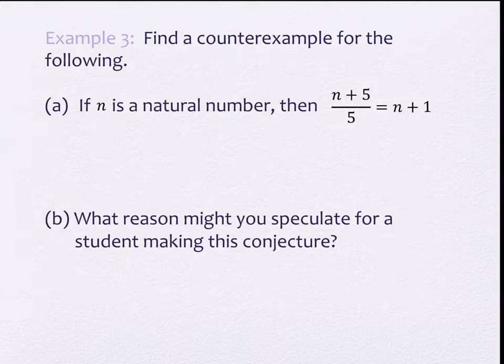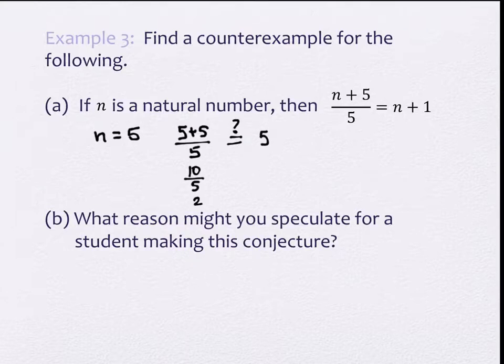So can someone give me an example of such an n? 5. So if n is equal to 5, let's see what happens. On the left-hand side, we get (5 + 5) over 5, which is 10 over 5, or 2. And on the right-hand side, so this is our question mark, are these equal?